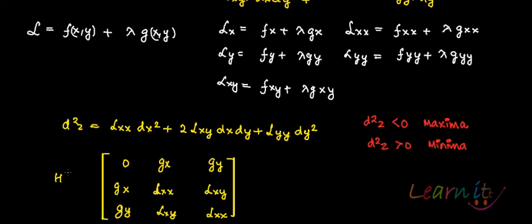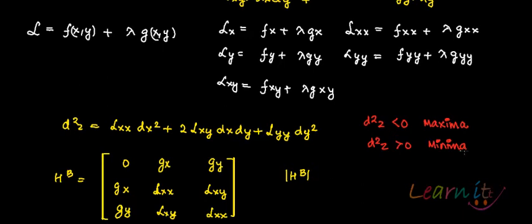Now you will form the determinant of this bordered Hessian. In case this comes out to be positive, that will be the point of minima, and in case that comes out to be negative, that will be the point of maxima.